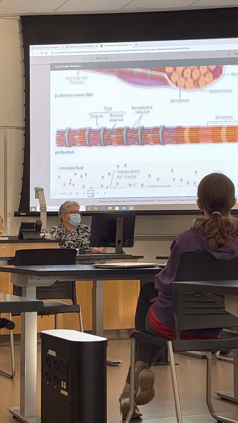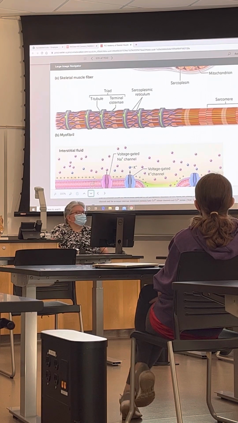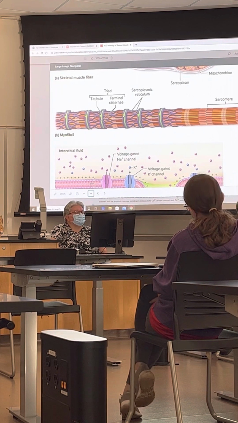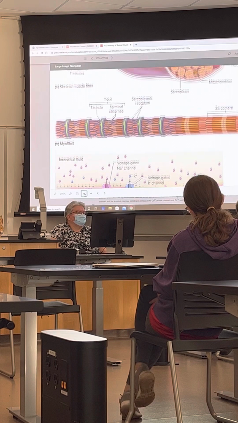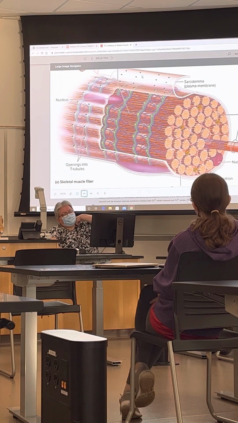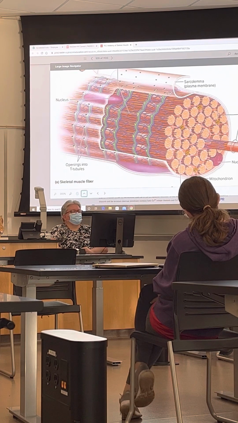And down here we have the sarcoplasmic reticulum, the T-tubule, and you see this little tube going up? That is why we have holes in the sarcolemma: every one of these T-tubules opens up into the exterior of the muscle cell.